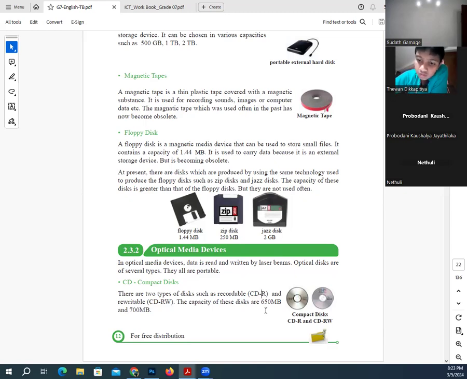When data has been written once, again we can write data on it, right? That means it will erase the previous data and write the new data. That is rewritable. That is the meaning of RW.